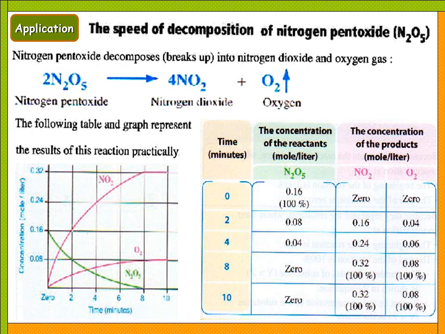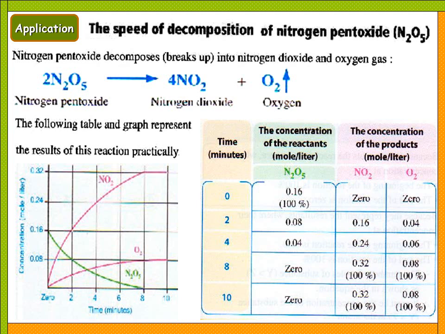We have the first one here. Starting from the reaction, we have the substance nitrogen pentaoxide that decomposes by time, or breaks up, giving 0 at the end of the reaction. So the concentration of reactant at the beginning is 100% and at the end will be 0. And we also have two products, nitrogen dioxide and oxygen.